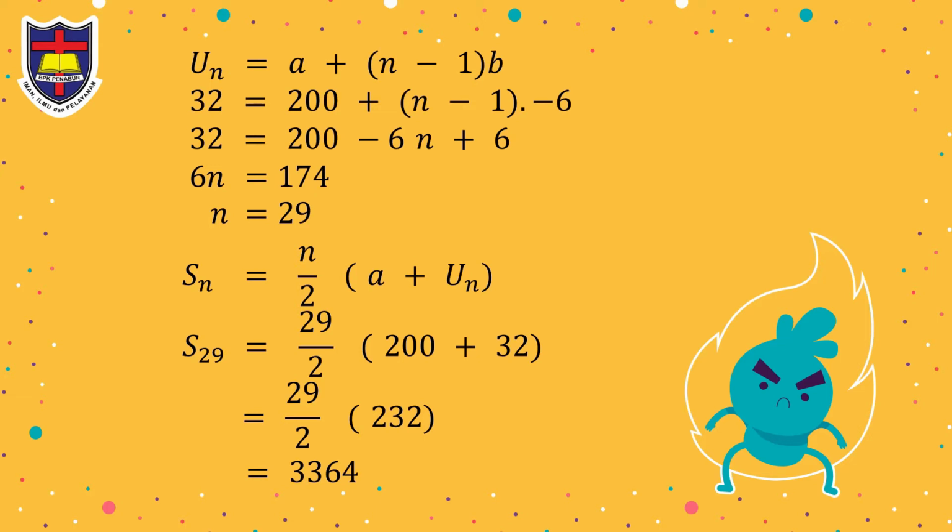So we have 29 over 2 times 200 plus 32. We must find the value in the parentheses first. Okay, so 200 plus 32 equals 232 times 29 over 2. So we have S29 is 3364.